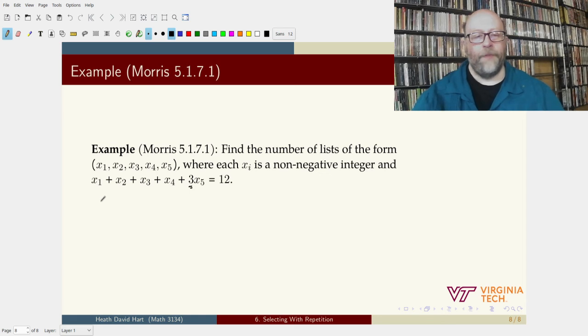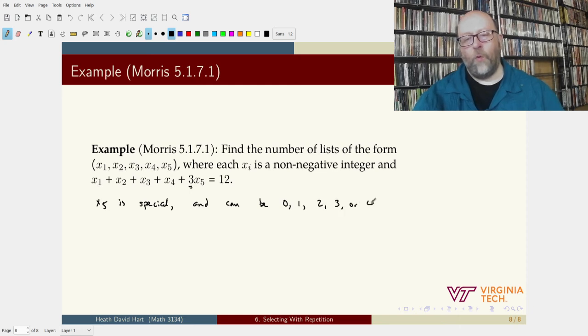Okay. x5 is special here and can be 0, 1, 2, 3, or 4. Okay, so let's talk about each of these possibilities.